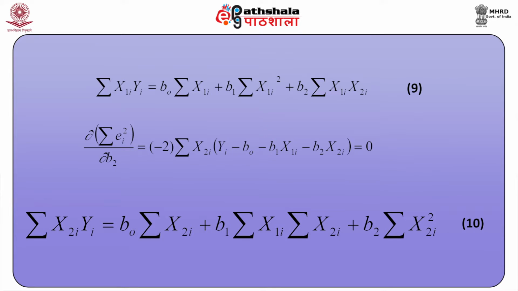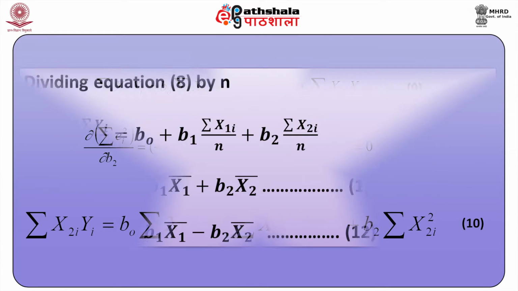Delta of ei square upon delta b2 is equal to minus 2 sigma x2i multiplied by yi minus b naught minus b1 x1i minus b2 x2i equal to 0. Sigma x2i yi is equal to b naught sigma x2i plus b1 sigma x1i x2i plus b2 sigma x2i whole square.